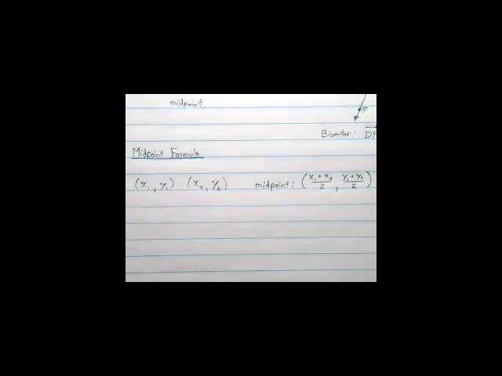Okay, so we're going to practice this a little bit. I'll give you a couple of ordered pairs, and we'll see if we can just plug the numbers into the formula real quick and get what the midpoint would be. Otherwise, you could, I suppose, graph it and try the counting the boxes deal. But the formula is, I think, a little bit easier in this case, so you don't have to mess with the graph.